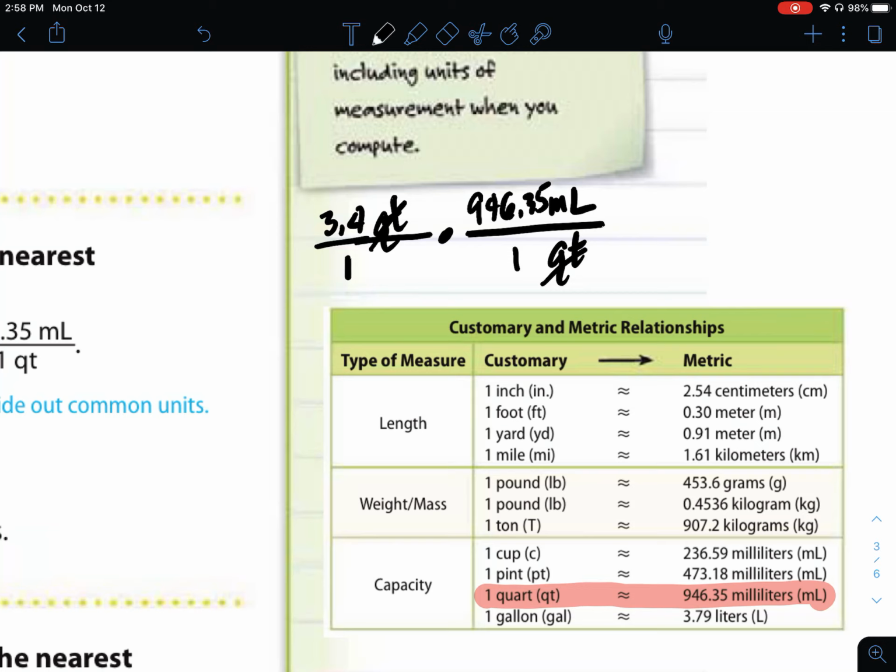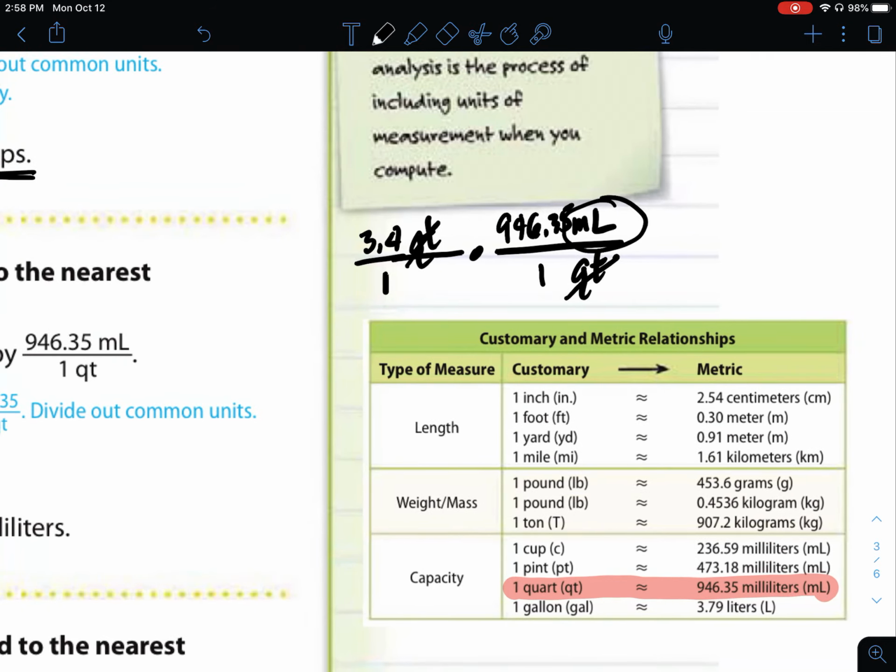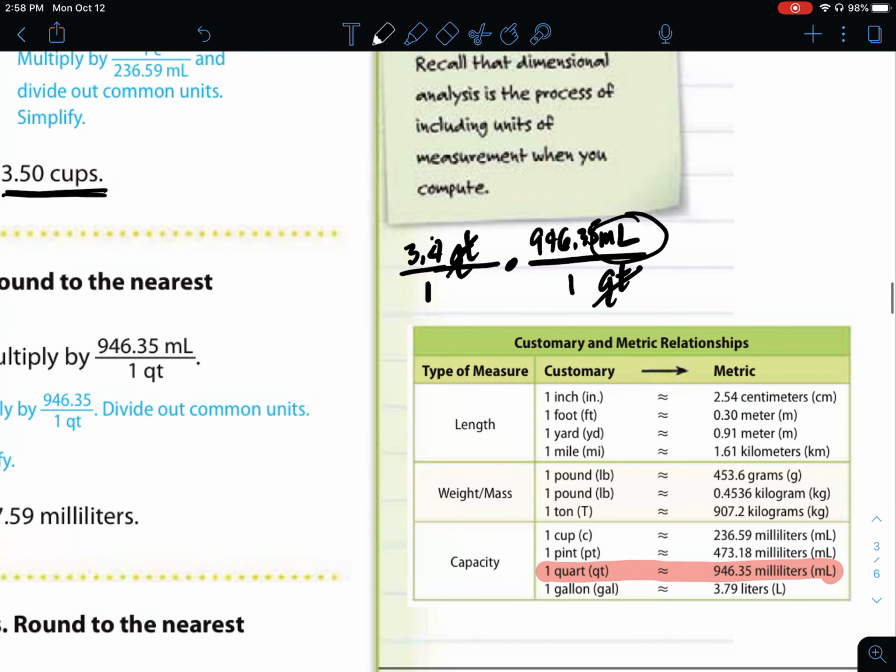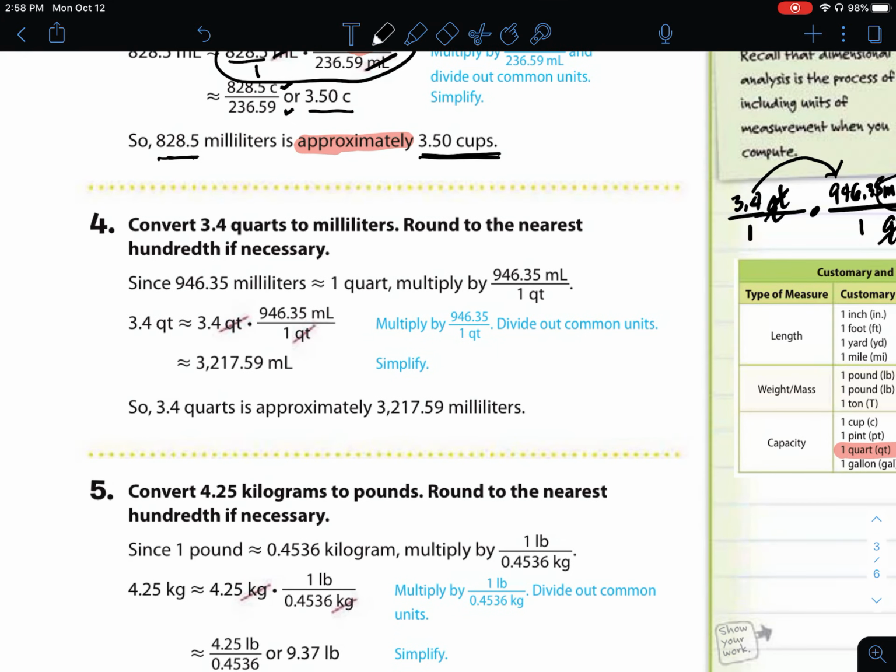And we know that the quarts will cancel out. We're only going to be left with milliliters, which is what we want. So all you need to do is multiply 3.4 times 946.35, and that's exactly what happens here.